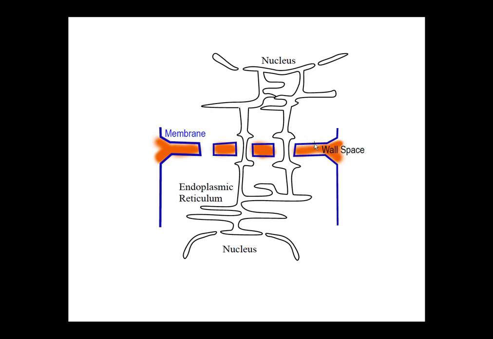The membrane is continuous between the two cells. The cytoplasm, one could even argue, is continuous between these cells. So if you were to try to move one cell with respect to another, you'd be ripping the endoplasmic reticulum, you'd be ripping the cell membrane, and the cytoplasm would be severed as well. Consequently, plant cells do not move with respect to their neighbors.